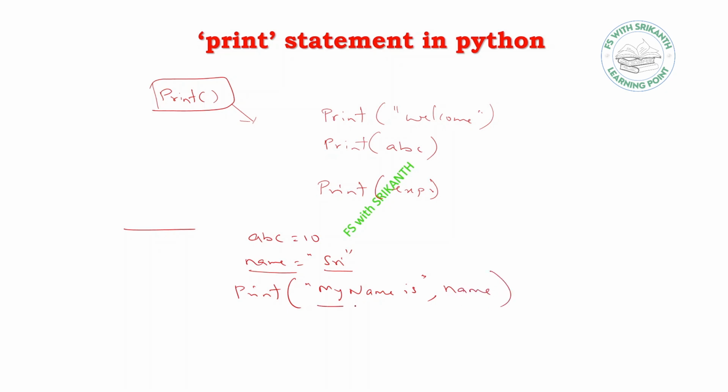Then it will print the text along with your variable value, separating the variable and the text with the help of a comma. Not only this way, we can print the variable value with the help of curly braces also. With curly braces we are going to print name, which means it's a formatted string, and the variable value will be placed here. In this way also we can print.